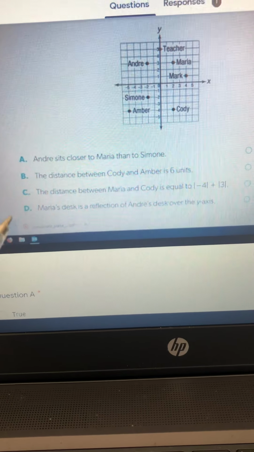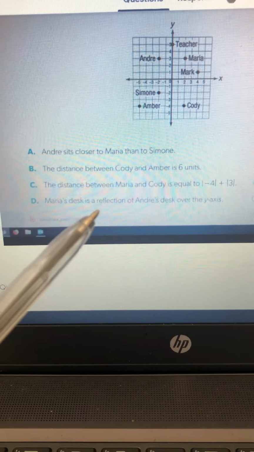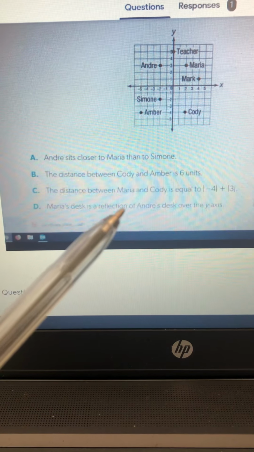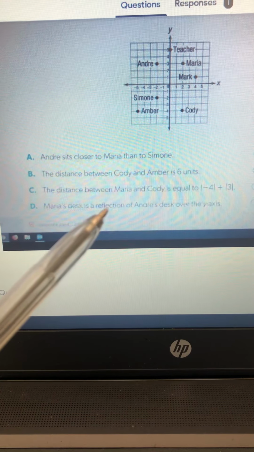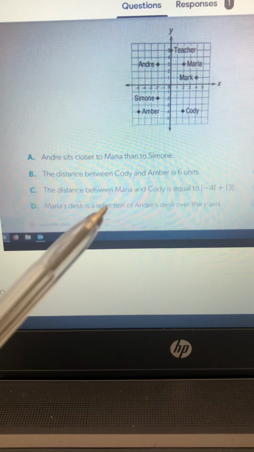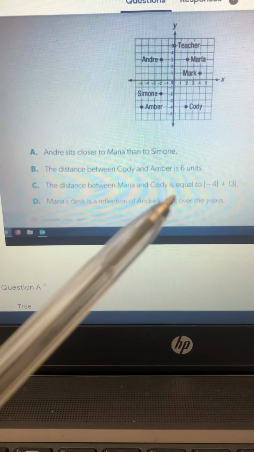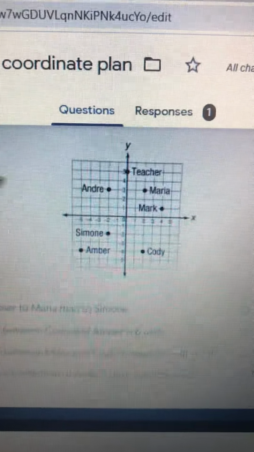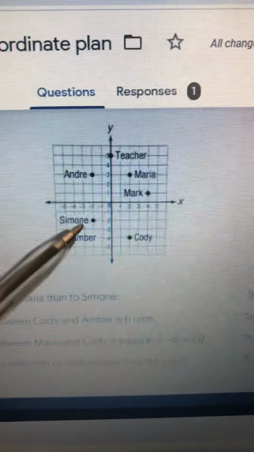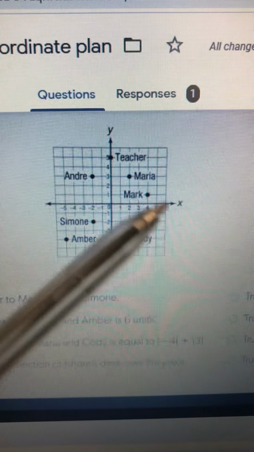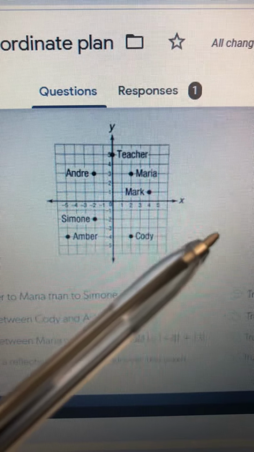And the last one, letter D. Maria's desk is a reflection. Now we have to think about that word, so just hold on to that right there. A reflection of Andre's desk over the y-axis. And so what that is saying is when anything is a reflection, it is the mirror of the same thing.